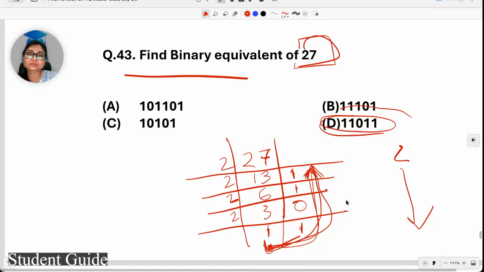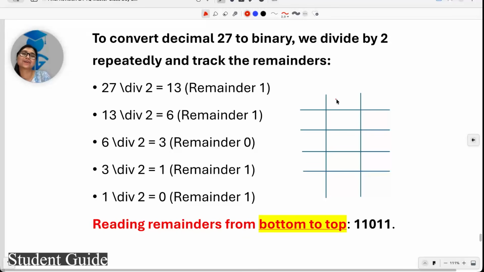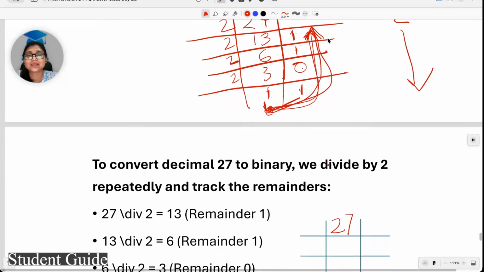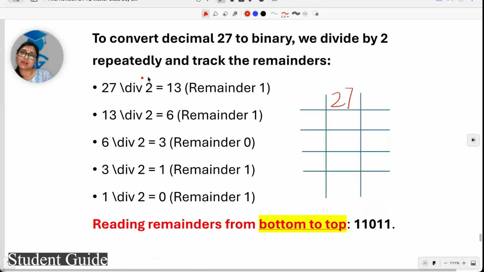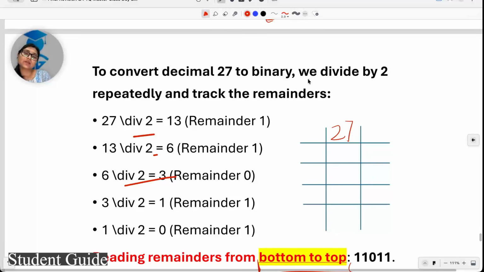Okay, now, I have added the explanation here. I was supposed to write it in here, but I have written it in this page. But it is clear too. So this is very easy, which we have already discussed, and you need to read the remainders from the bottom, so that you will get the correct answer for it. And every time you need to find the binary one, you need to divide it by 2.